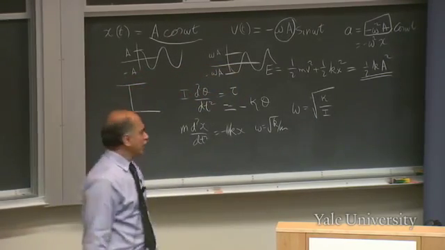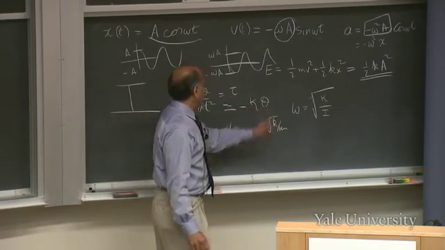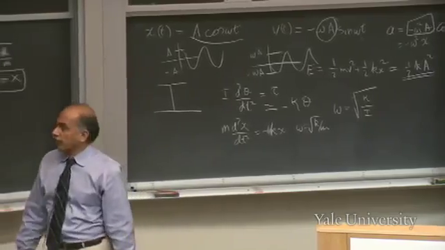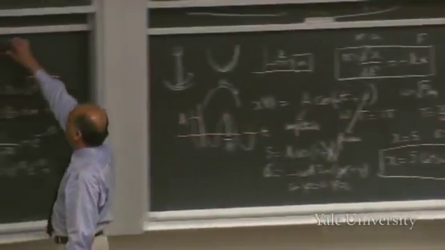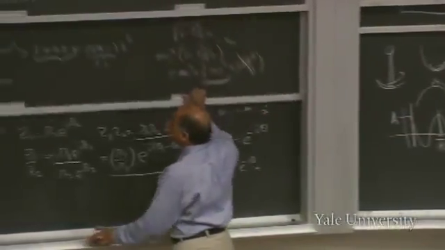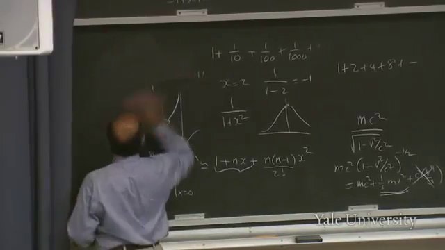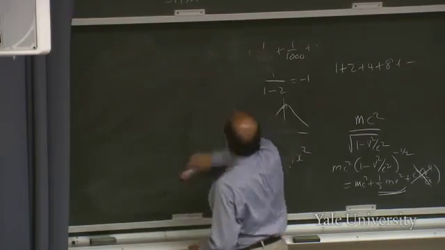So you may be thinking, give me an example where tau looks like kappa times theta. So I'm going to give you that example. That example is going to be the following, a simple pendulum.